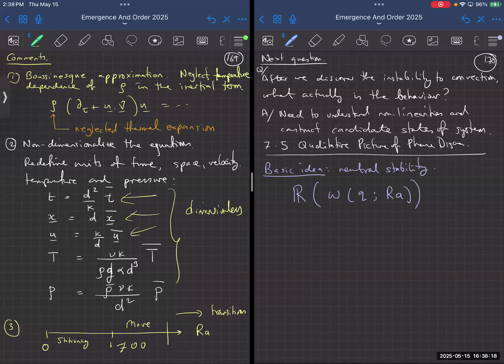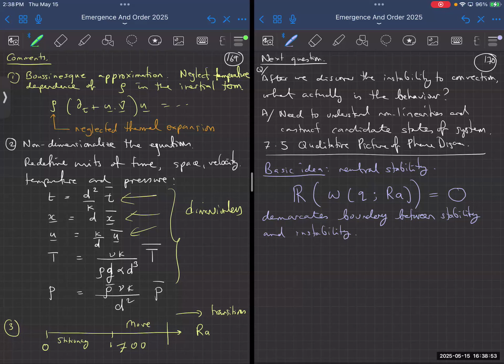And if that is equal to 0, that is the line in the Q and Rayleigh number plane which defines where the system is stable or unstable. So this demarcates a boundary between stability and instability.